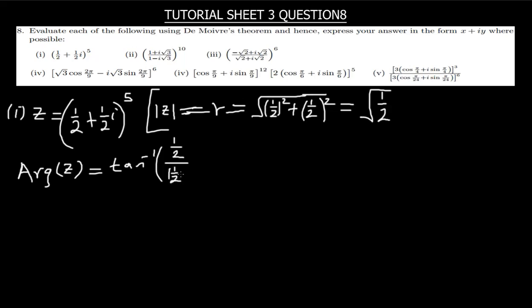So when you divide these, you get your answer 1. So this is just the same as the tan inverse of, remember what you said, finding the argument of this is just y over x. That's the reason I've said half over half. So which is just going to give you the tan inverse of 1. So the tan inverse of 1, you get your answer to be 45 degrees.